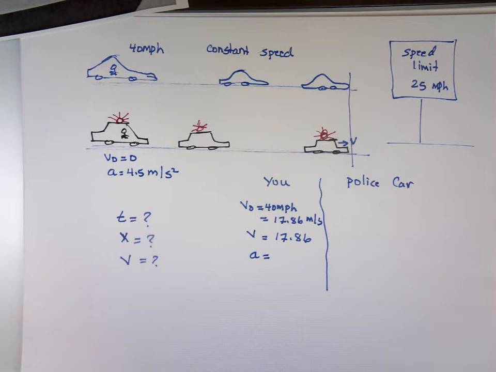Think again. 0. Why 0? Because you're going at a constant speed. Yep, but acceleration is change in velocity over change in time. Remember acceleration? Final velocity minus the initial velocity divided by the time. Your final and initial velocity are the same. There is no change in them. So your acceleration is 0.